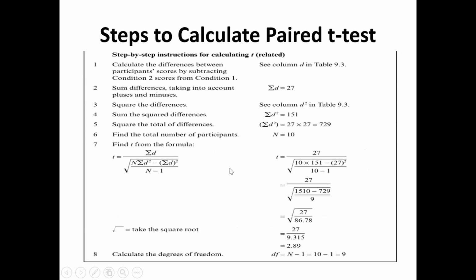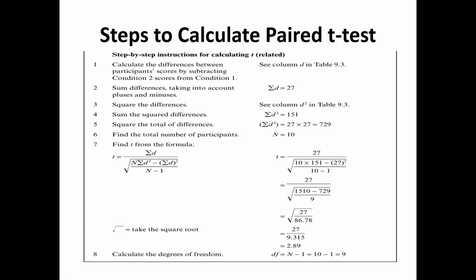Then let us take the steps we have to follow to calculate the t-test. This is the step-by-step instruction for calculating the related or paired sample t-test, as we've said before. Step 1, calculate the difference.